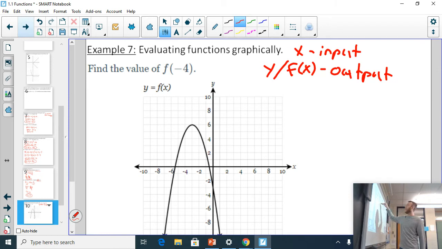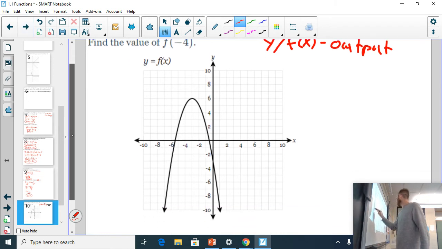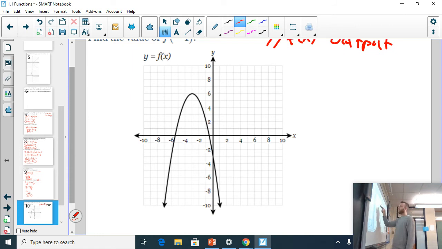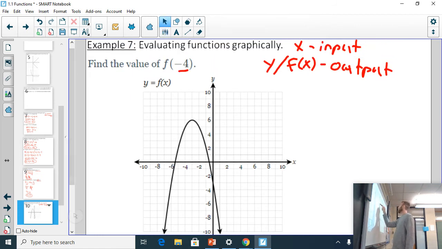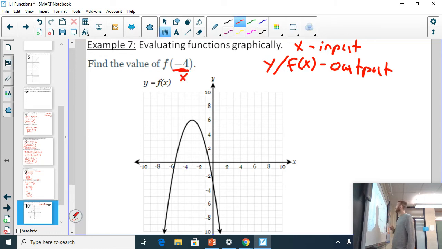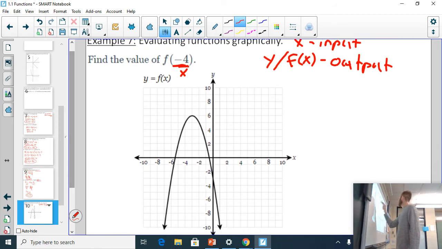So when we're looking for f of negative 4 on a graph, negative 4 is what's replaced with x, right? So this right here is x. So we're going to look for x on negative 4. So this is the x-axis here. So we're going to go to negative 4. Here's negative 4.